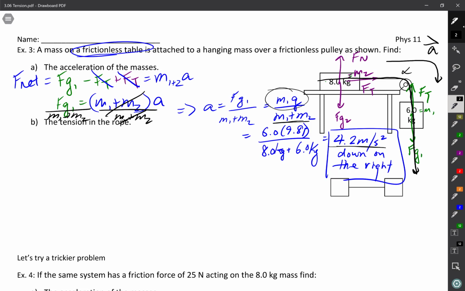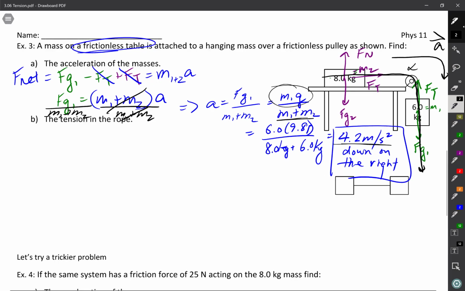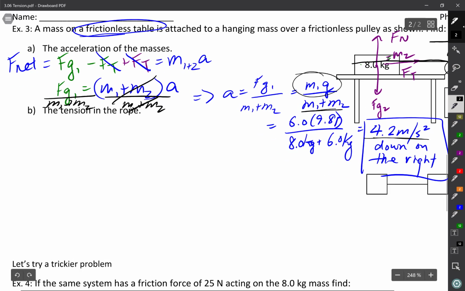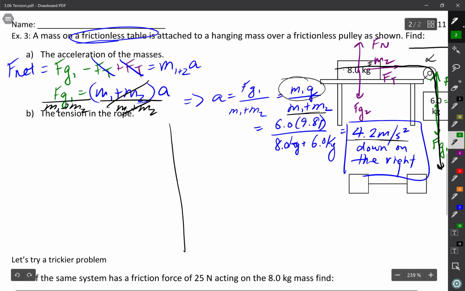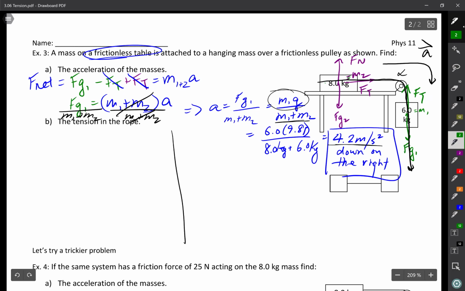Okay, I will continue with 3B. Just like the questions before, I'm going to divide this between M1 and M2 and solve for both. For M1, I have F net for M1, and using the black line, the line of acceleration, going down on the right, I have Fg1 minus the tension force equal to M1 times the acceleration.